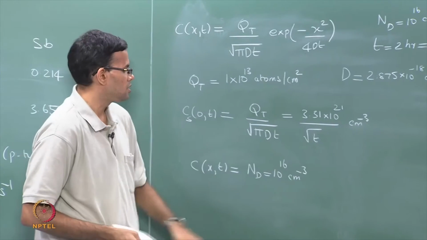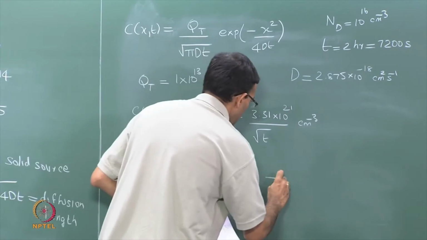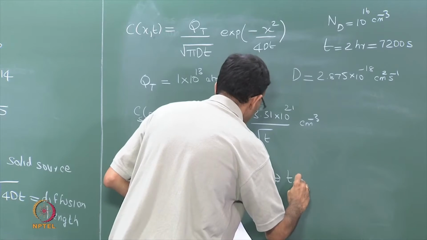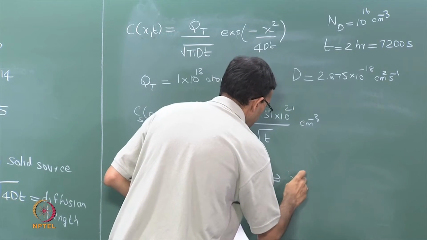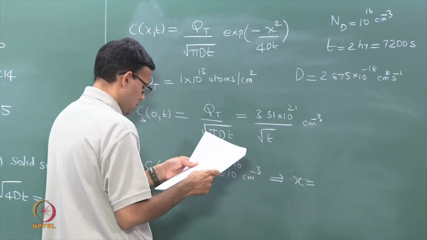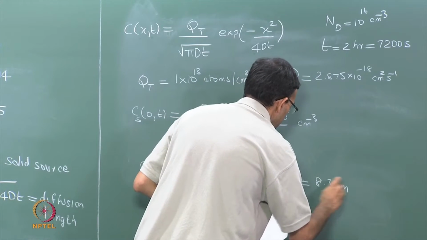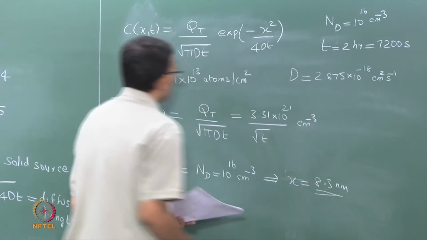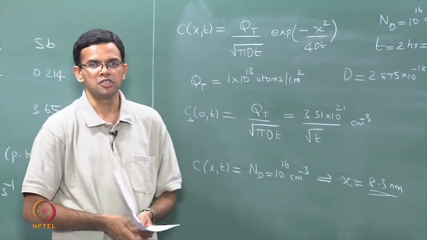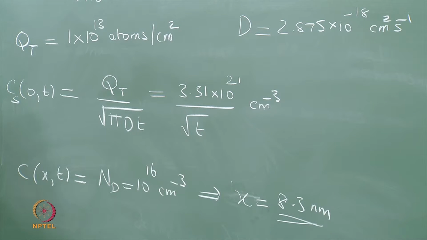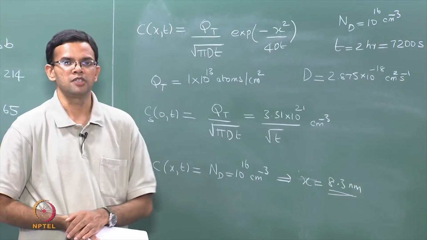Substituting the numbers and simplifying, we can get the distance x. For a time of 2 hours, it is around 8.3 nanometers. So at around 1000 Kelvin, which is roughly 700 degrees C, we find that your p-n junction is established at a depth of just 8 nanometers below the surface.